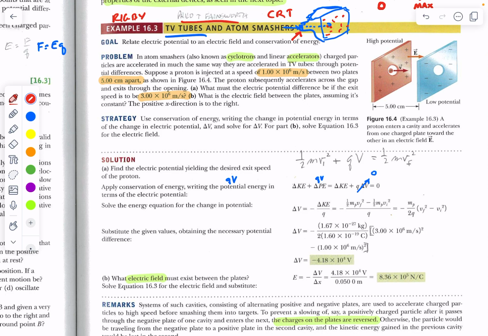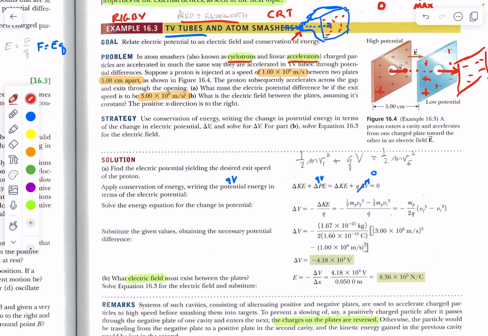So one of these days, these problems might not even be in the more modern edition of the book, because students won't necessarily know what people are talking about. But this is the way that we speed up charged particles in cyclotrons and accelerators. We make them go faster and faster by pushing them out of a positively charged metal plate through this opening and attracting them towards a negatively charged plate. And as my particle exits the negatively charged plate, we immediately, using alternating current, turn this negative plate positive, and we have another negative plate farther to the right, which is now negatively charged.